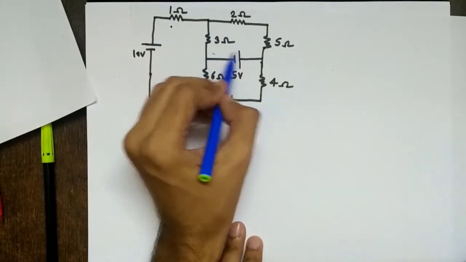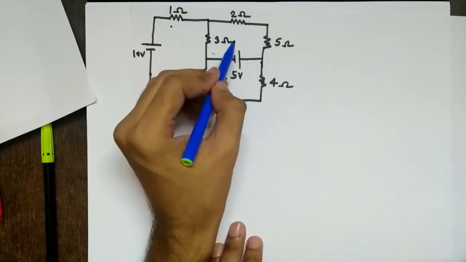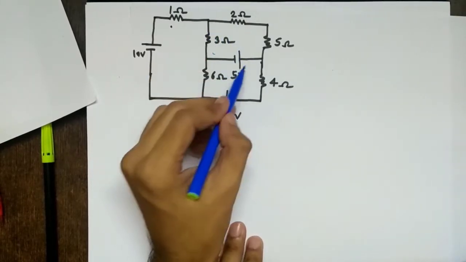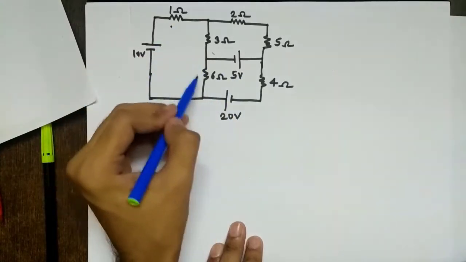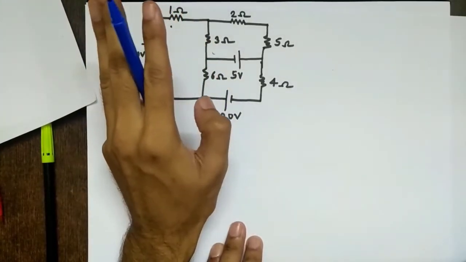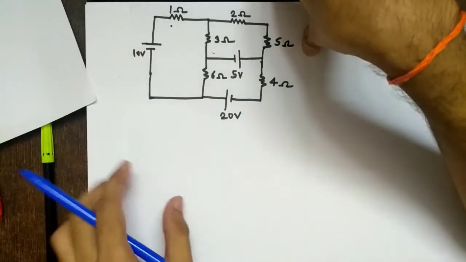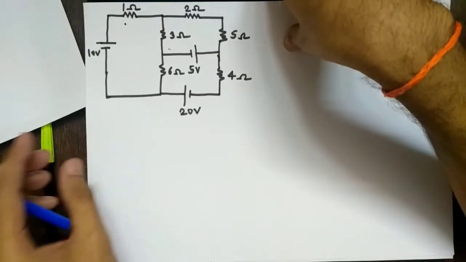But if you consider this loop, do you have any loop within it? No. So this is called a mesh. Similarly, this is a mesh, this is a mesh. So there are how many meshes? 3 meshes. So you'll require 3 equations to solve using KVL. So the number of equations is equal to the number of meshes. Remember, number of meshes, not number of loops.